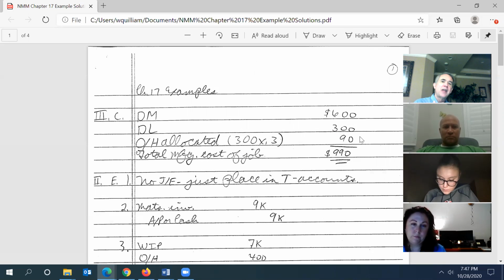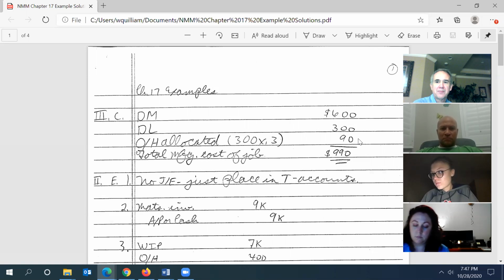So it's really saying on average that whenever we have $300 of direct labor, our overhead goes up by 30% of that, or $90. So $300 increase in direct labor is going to cause an increase in overhead of about $90. Does that make sense?